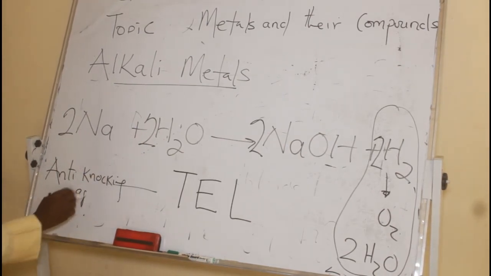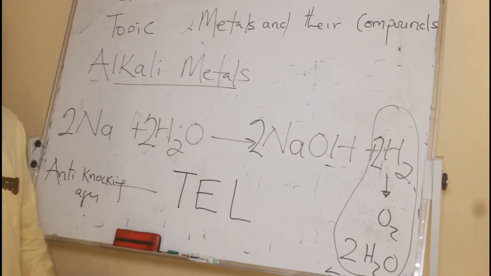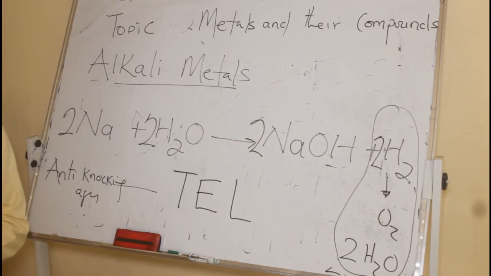Initially we used tetraethyl lead. We used a sodium lead alloy in conjunction with ethyl chloride to give you tetraethyl lead. Though it is no more in use nowadays, before we normally used tetraethyl lead as anti-knocking agent in petrol engines. So sodium plays a vital role in the production of TEL.